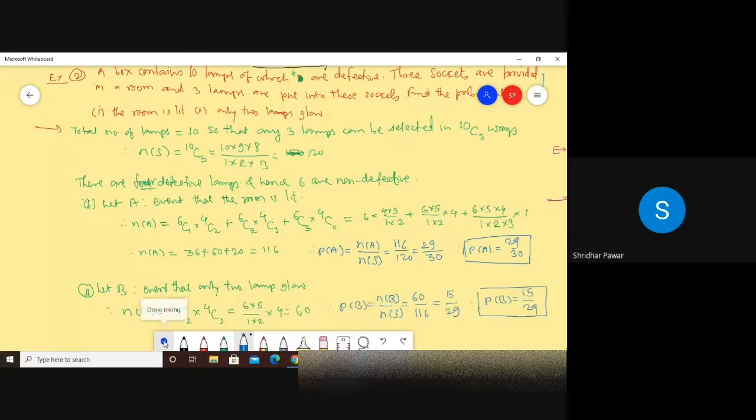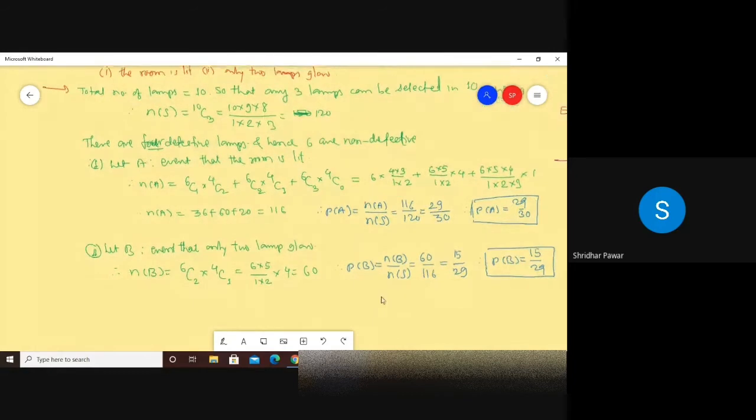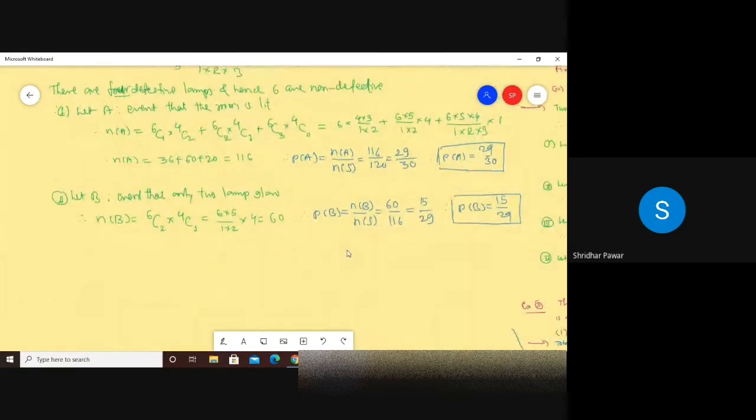So this is all about the probability of event B. Now let us see some problems on union of probability. Okay. See the next example.